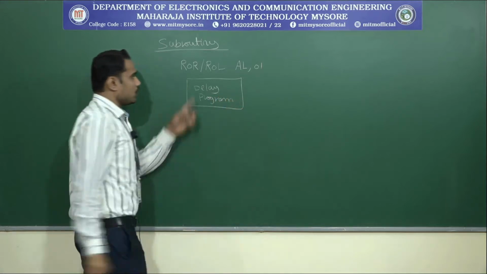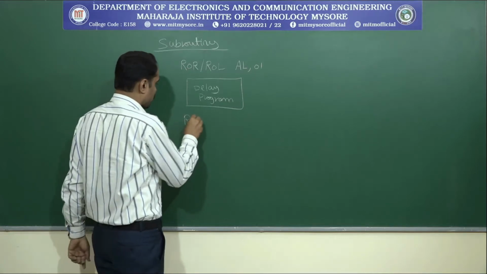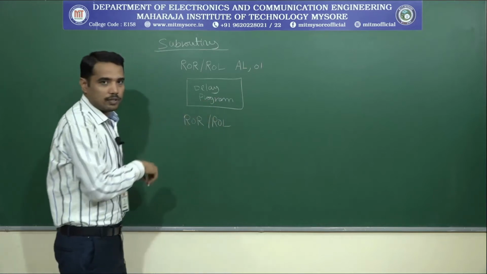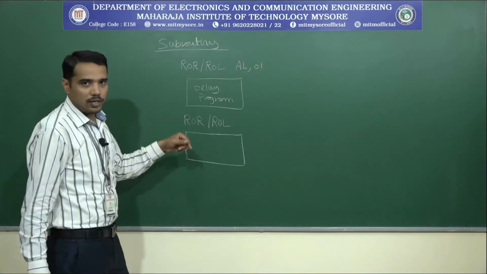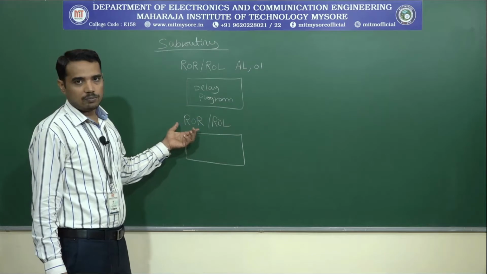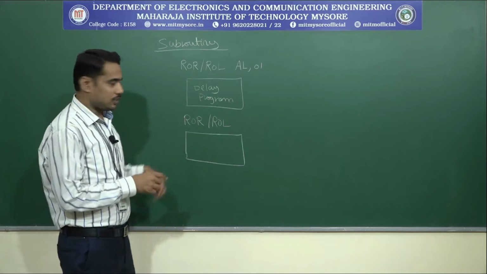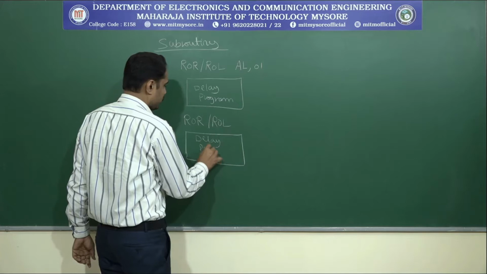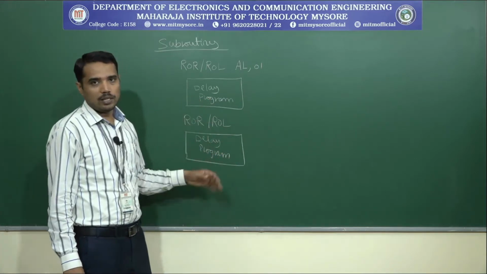Then once again we use the rotate instruction ROR/ROL, and after each rotation, it has to give a specified delay, let us assume 1 second or half a second between each step. If you write the program in this fashion, obviously the length of the program will increase.